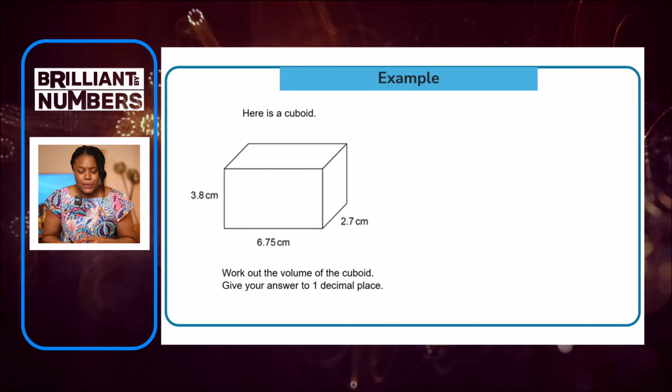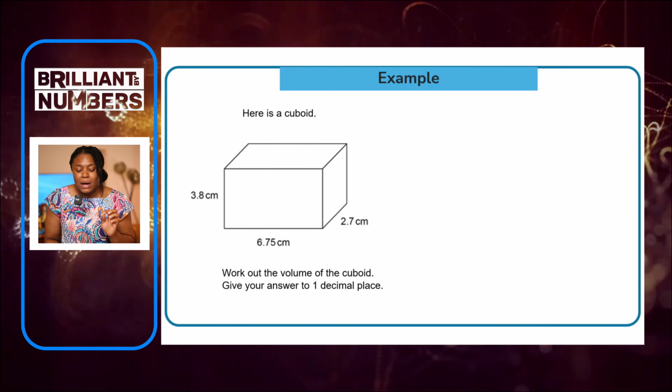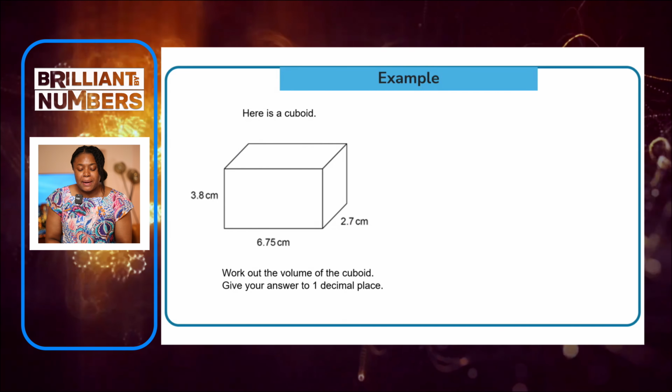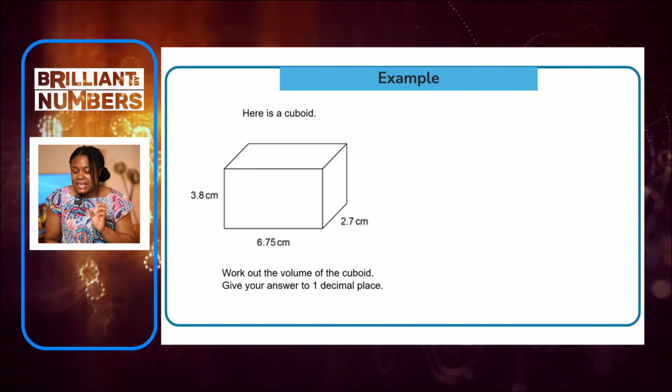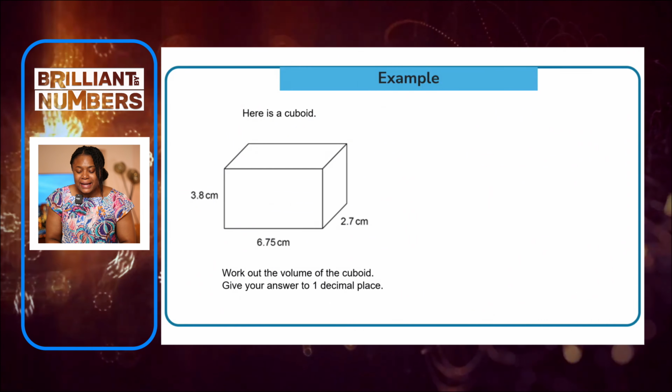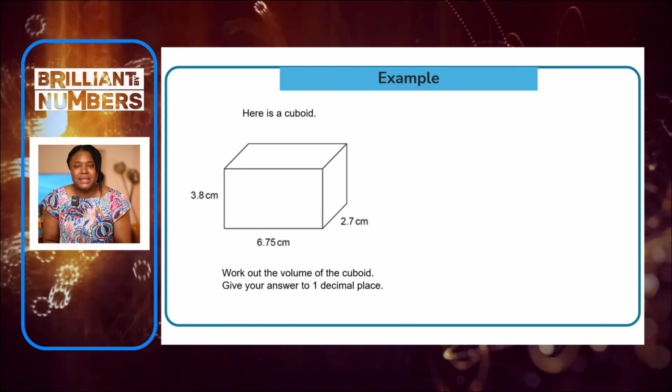So, in this question, I've just introduced the volume of a prism, which happens to be a cuboid. So here is a cuboid. We're asked to work out the volume of the cuboid, but specifically to give our answer correct to 1 decimal place.